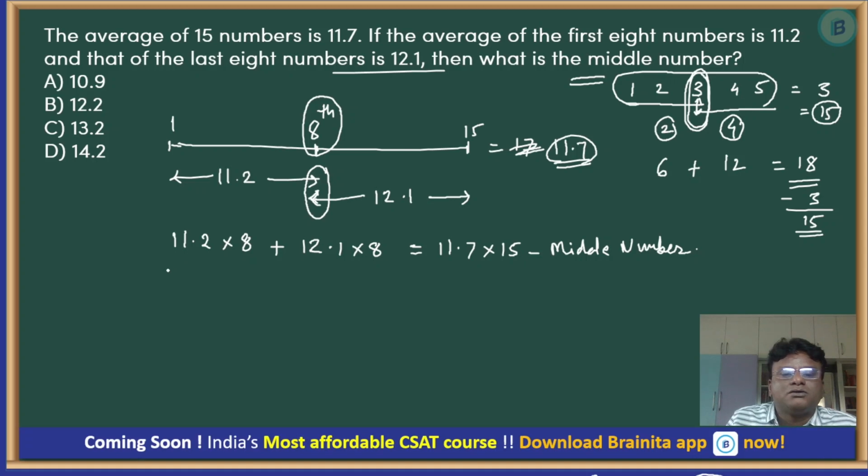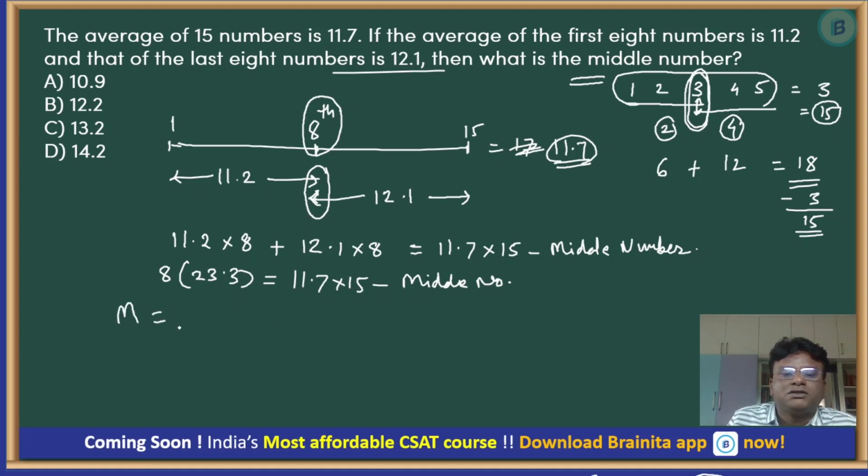Now I take 8 common and do 11.2 plus 12.1, which is 23.3. So 8 into 23.3 is equal to 11.7 into 15 minus the middle number. So what is the middle number?